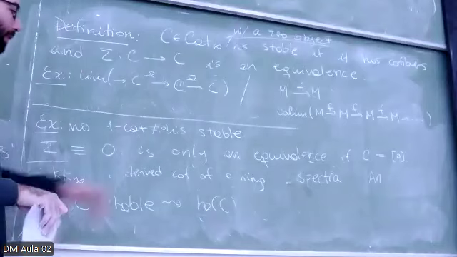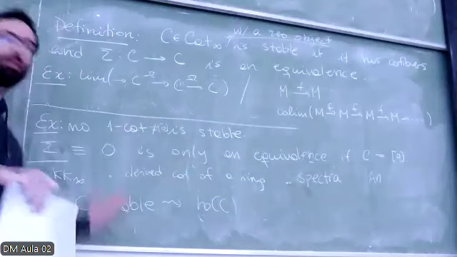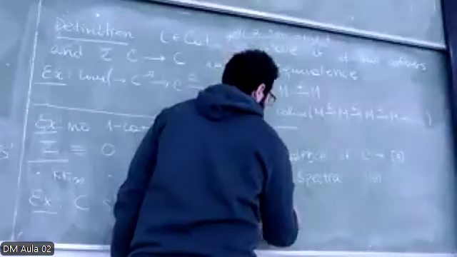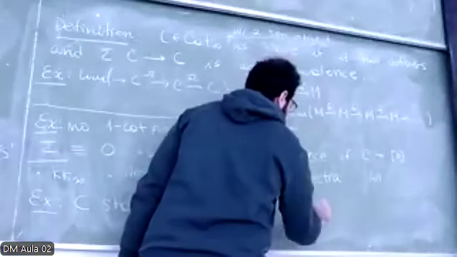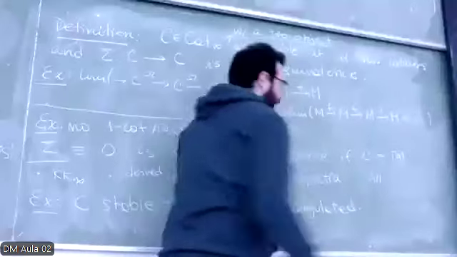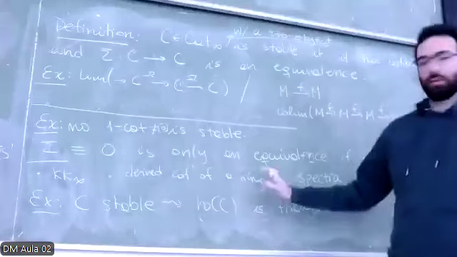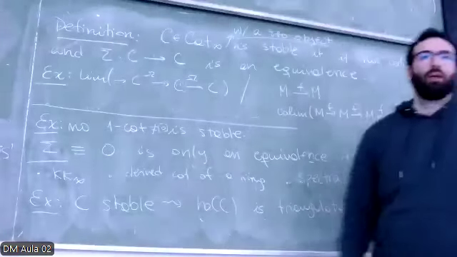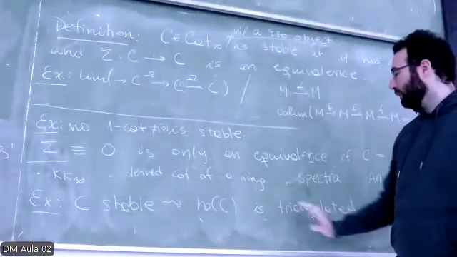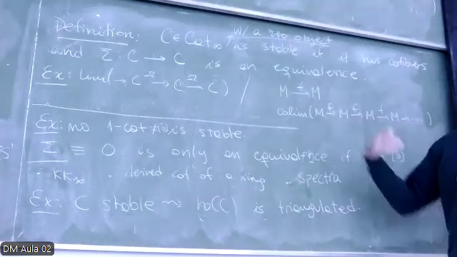So objects are the same and morphisms are one morphisms up to equivalence. This is always canonically triangulated. And many triangulated categories of interest, like the classical derived category of a ring, are the shadow of a stable category.